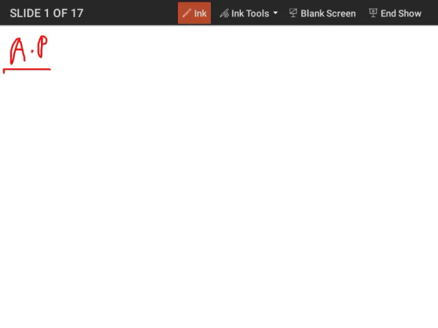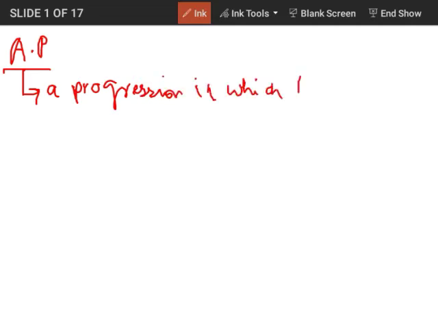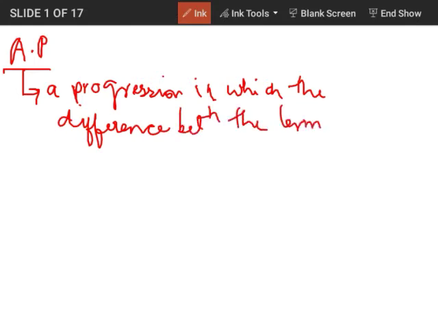AP is arithmetic progression, or the definition says that a progression in which the difference between the terms is constant, right? So what do we mean by that? Let's take an example and understand this definition.